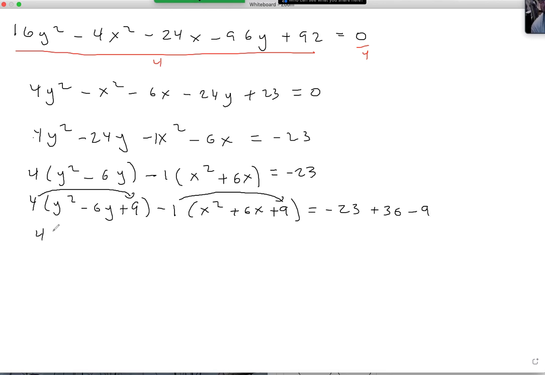So now we have 4 times y minus 3 squared, minus x plus 3 squared, equals 27 minus 23, which would be 4.